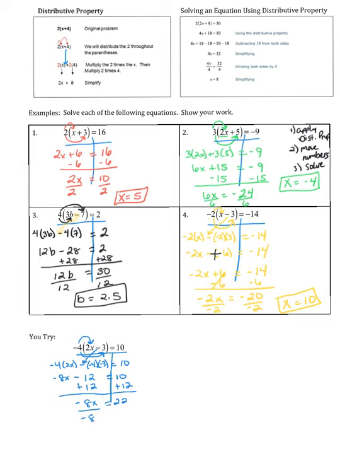Divide both sides by negative 8, and it's perfectly fine to get a decimal number. So you have x equals negative 2.5.